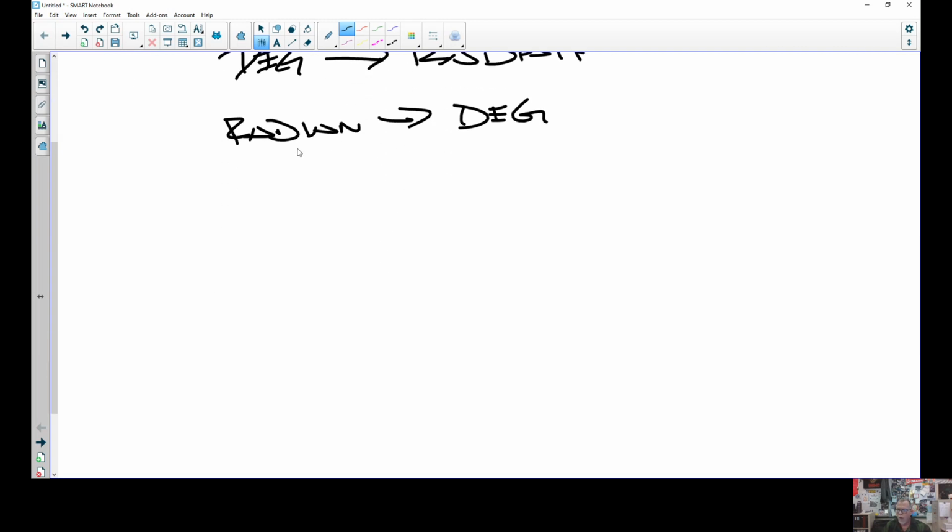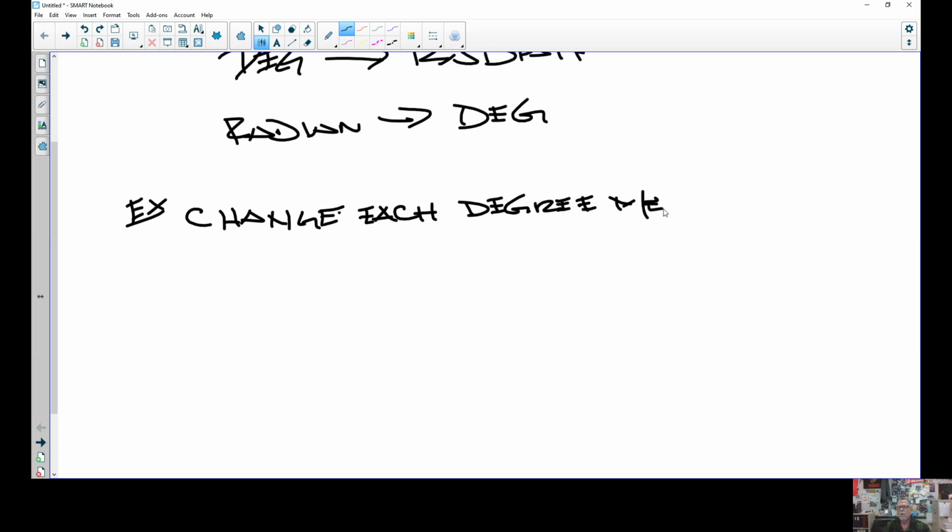They're going to say, change, for example, each radian measure, or let's start with degrees. You're more familiar. Change each degree measure to radians.